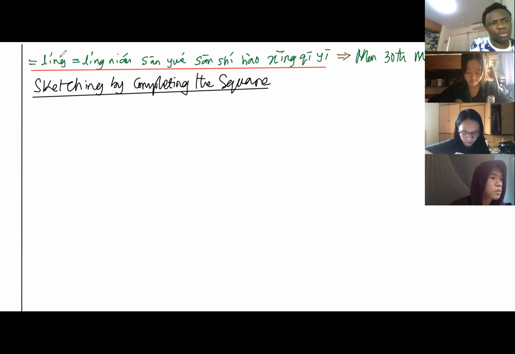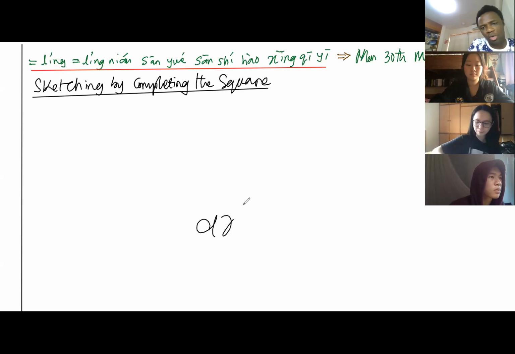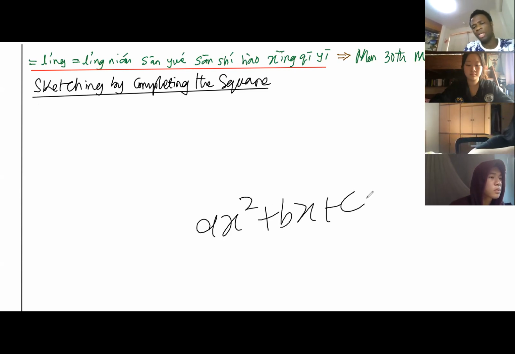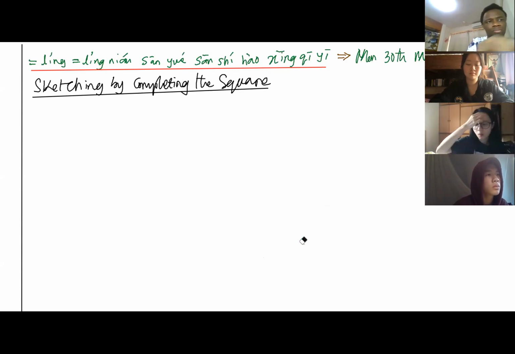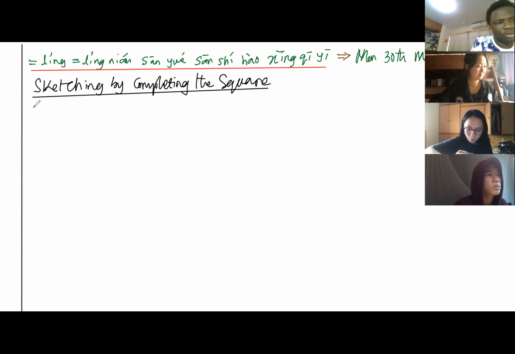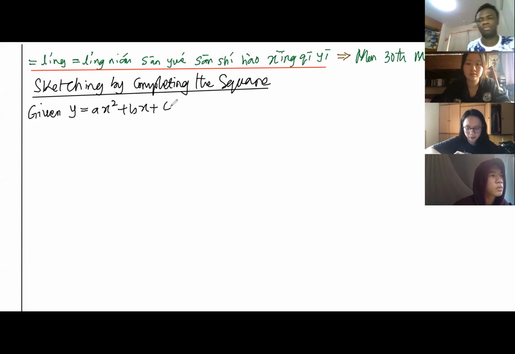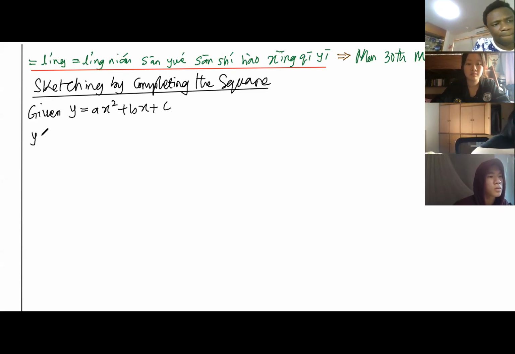So let's begin with completing the square, to write it in the form of, if we have a general quadratic, let's write it in the form of something like that. So given y equals ax squared plus bx plus c, given that quadratic function y, the first thing we do is to factorize a, definitely.